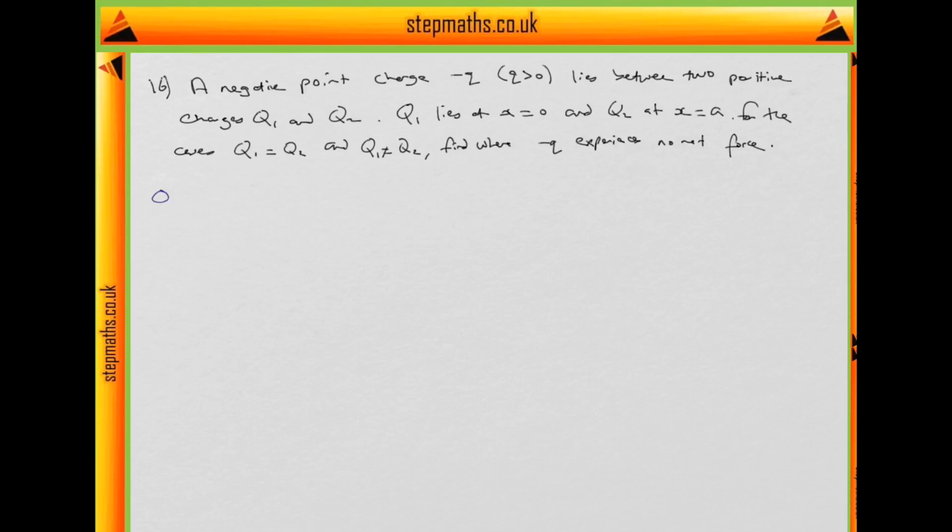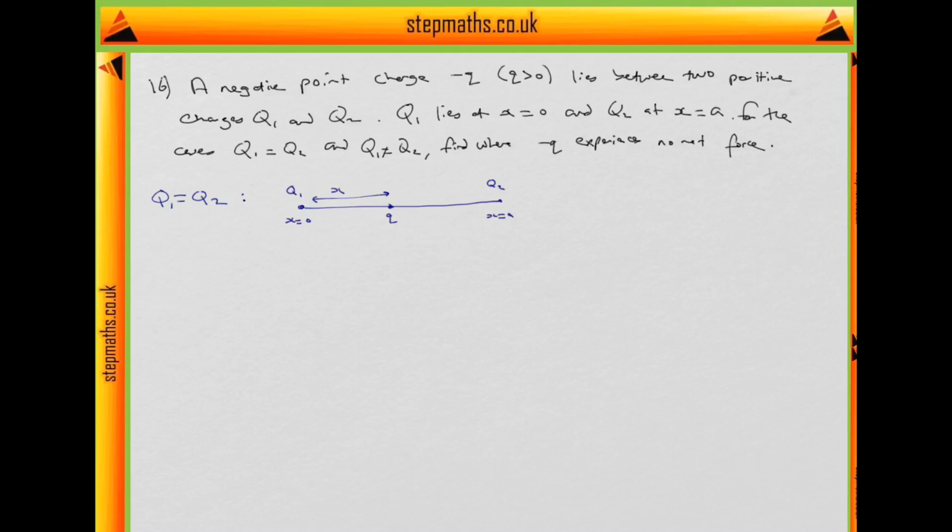So let's start with Q1 equals Q2. We know that Q1 lies at x equals 0 and Q2 lies at x equals a. So Q is going to be somewhere along this line, and we'll just place it here, at some distance x from Q1.